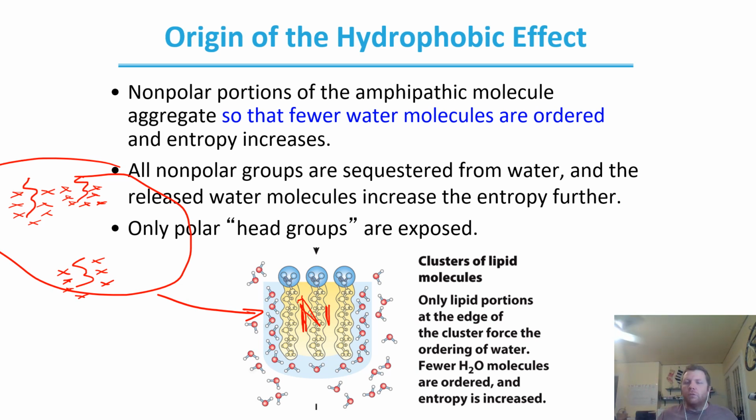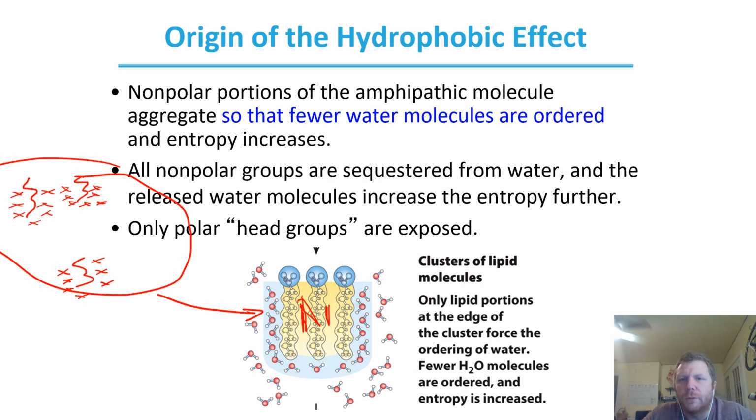And so that entropy is going to increase, I'm sorry, that disorder is going to increase. And so that's a more favorable environment. We don't have effectively 21 water molecules that have organized. Instead, we have only 10 or something like that. So that's what we're observing here with this hydrophobic effect taking place.